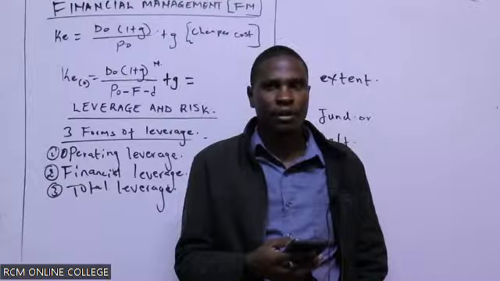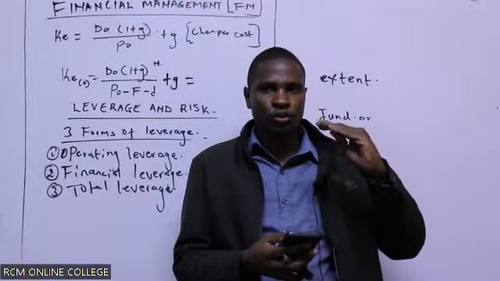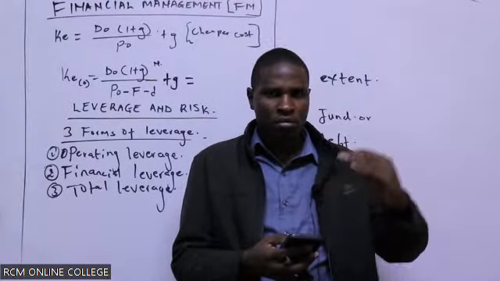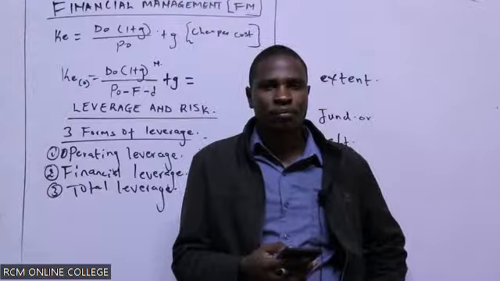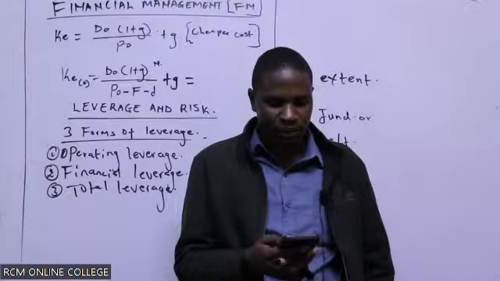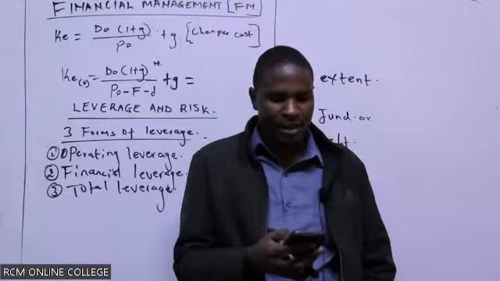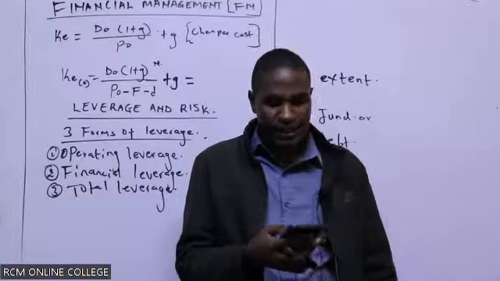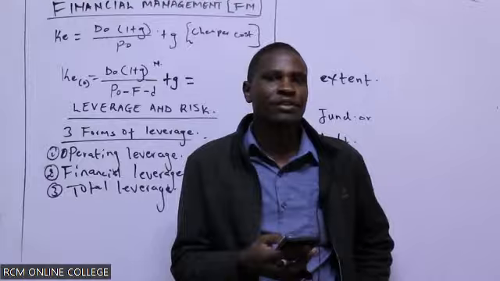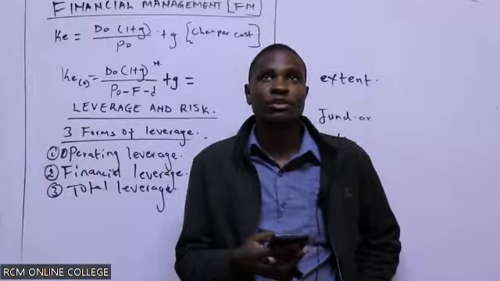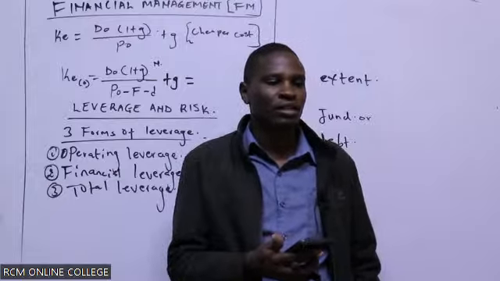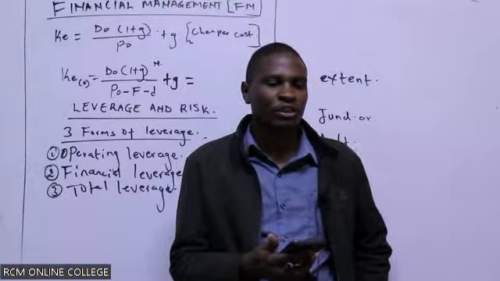So tunaangalia hiyo ratio, we must have a numerator and denominator. Fixed cost, which results in a greater impact on profitability from changes in sales volume. Are we together, as far as the operating leverage definition is concerned?